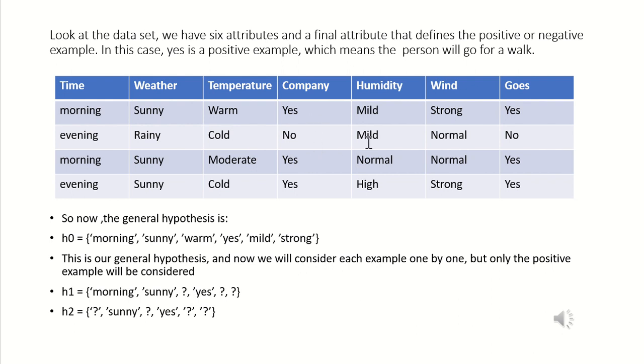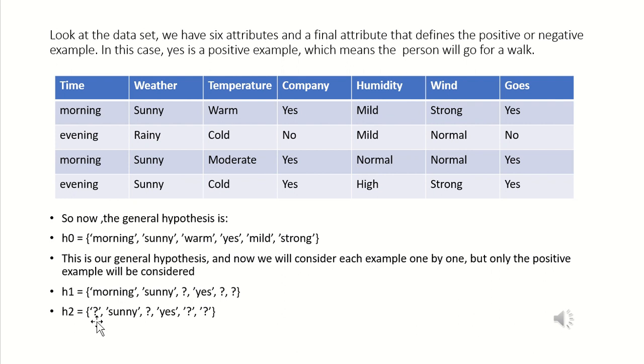Company in both cases is yes, so as it is. Humidity here is mild and here it is normal. It is differing, so we replace it with a question mark. And the last attribute, wind: here it is strong and here it is normal. Again it is differing, so we replace it with a question mark.